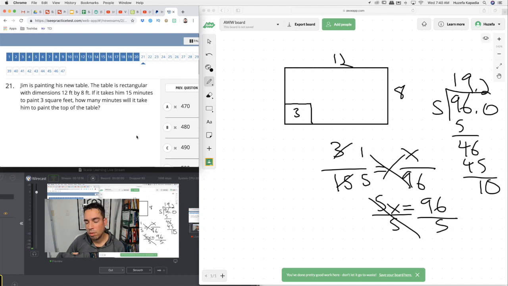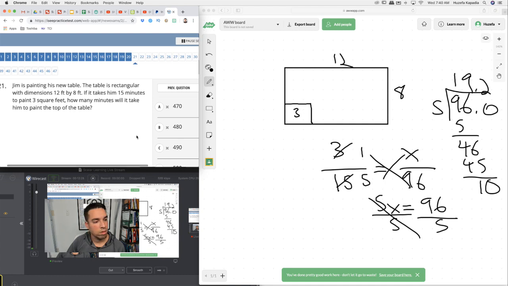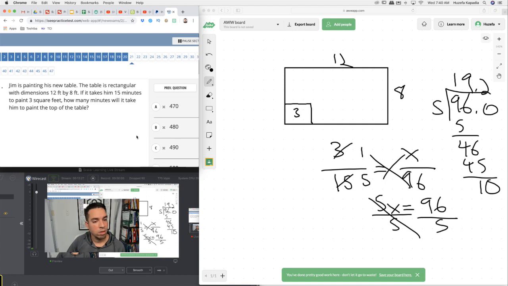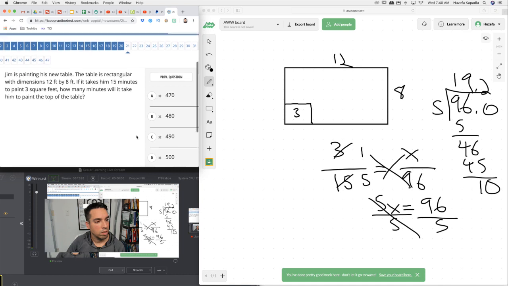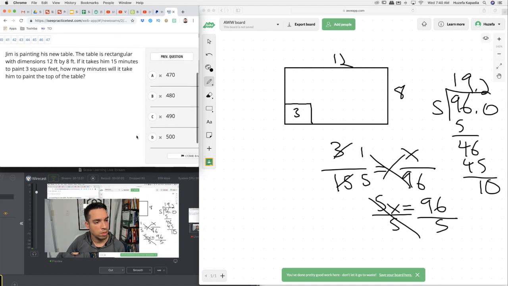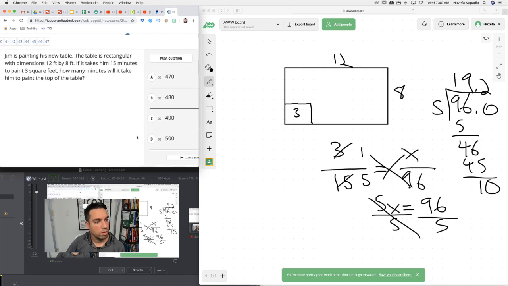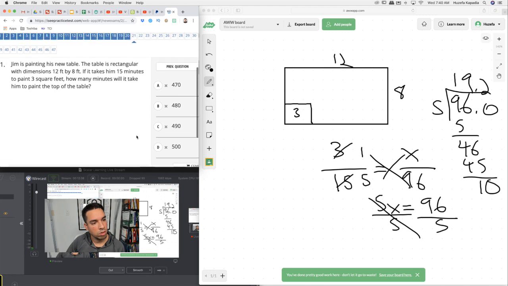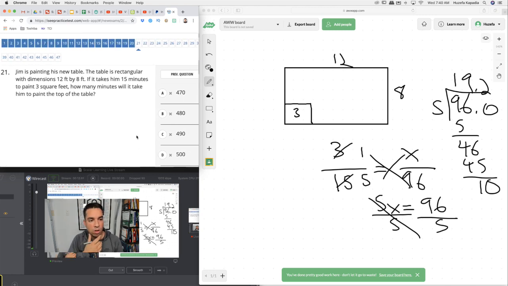What am I doing? It takes him, how many minutes will it take him to paint the top? 96. Uh-oh, this doesn't make sense. Hold on, 12 feet by 8 feet, that's 96. If it takes him 15.